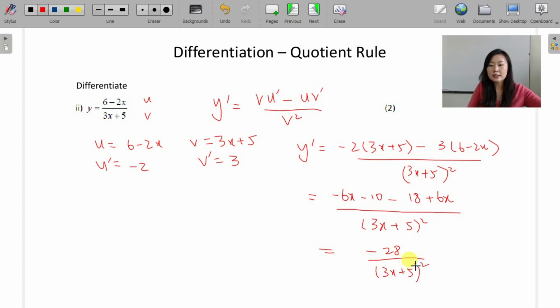And that is it. I've just been doing this without looking at my answers, so let me make sure I'm giving you the right stuff. Yep, that is correct. All right, so that's quotient rule.